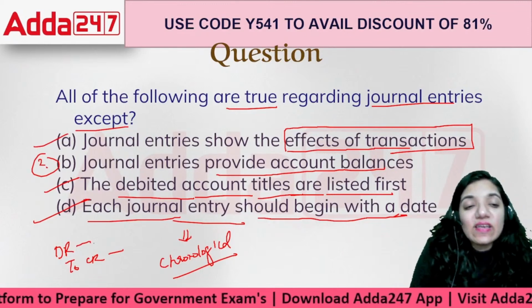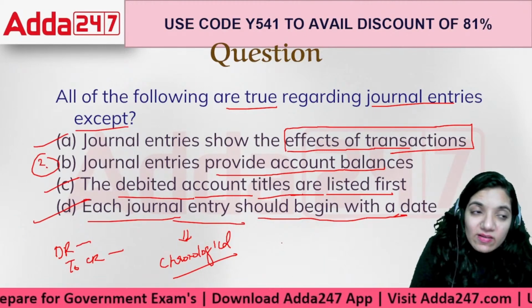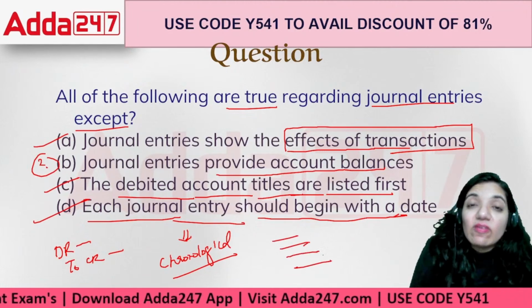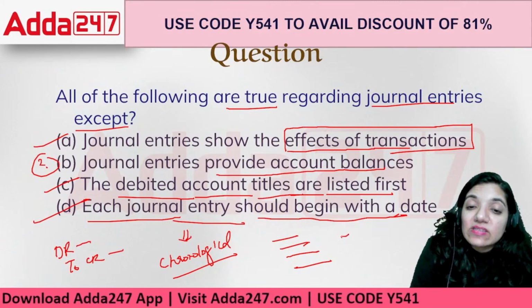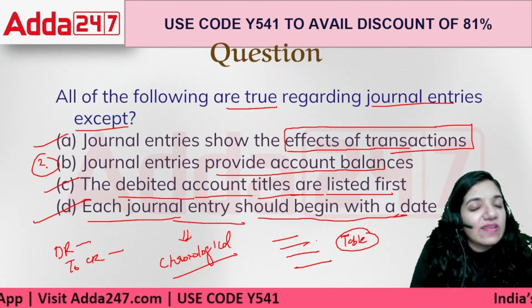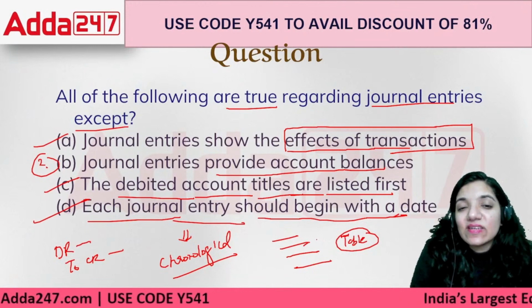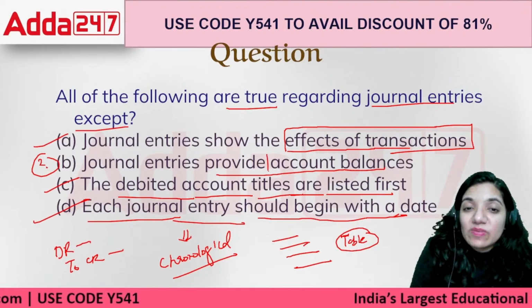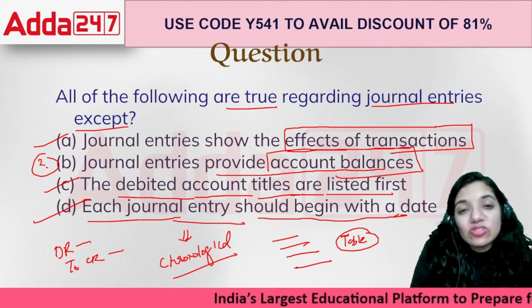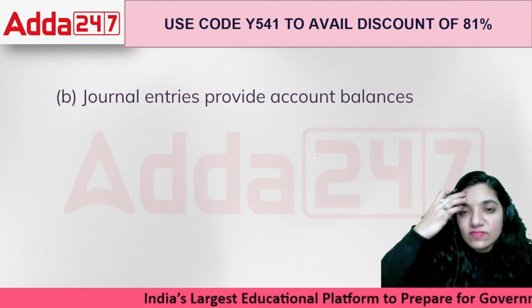If I write down sales today, sales today, sales today, until I make a table and note down every sale, I won't be able to find the answers. So we do not know the account balances if we are dealing with journal entries.